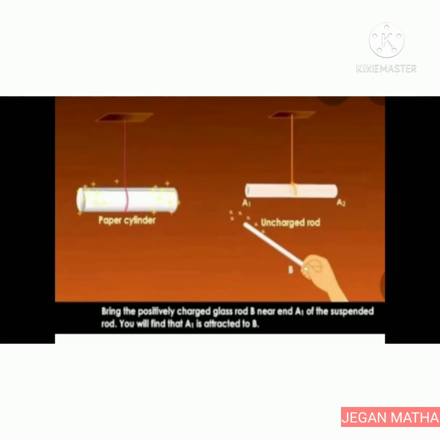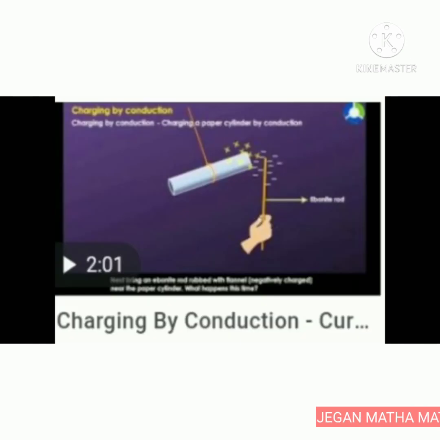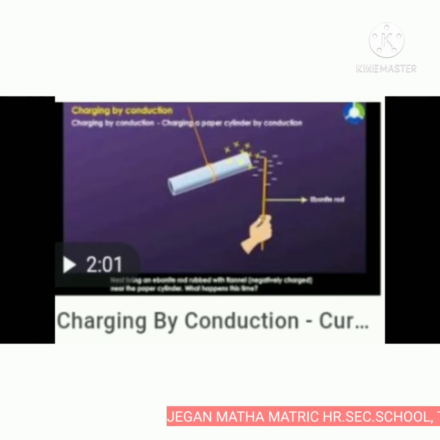Can you say the reason? When the ebonite rod is rubbed with a woolen cloth, electrons from the woolen cloth are transferred to the ebonite rod. Now the ebonite rod will be negatively charged. When it is brought near the paper cylinder, negative charges in the rod are attracted by the positive charges in the cylinder.